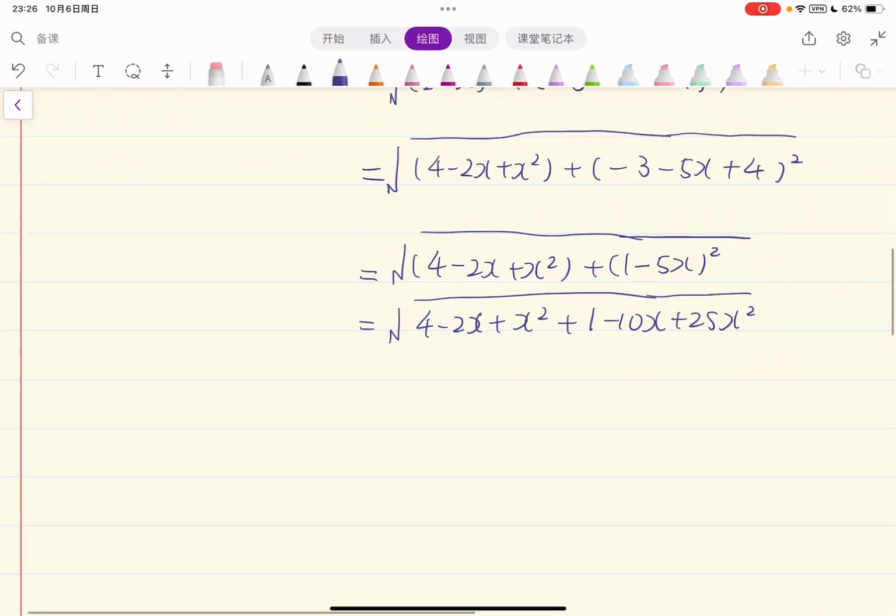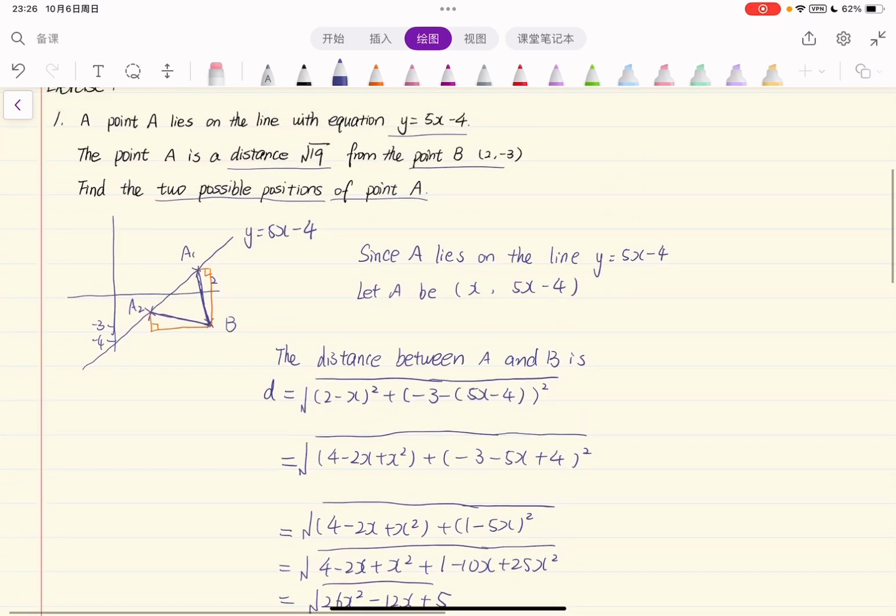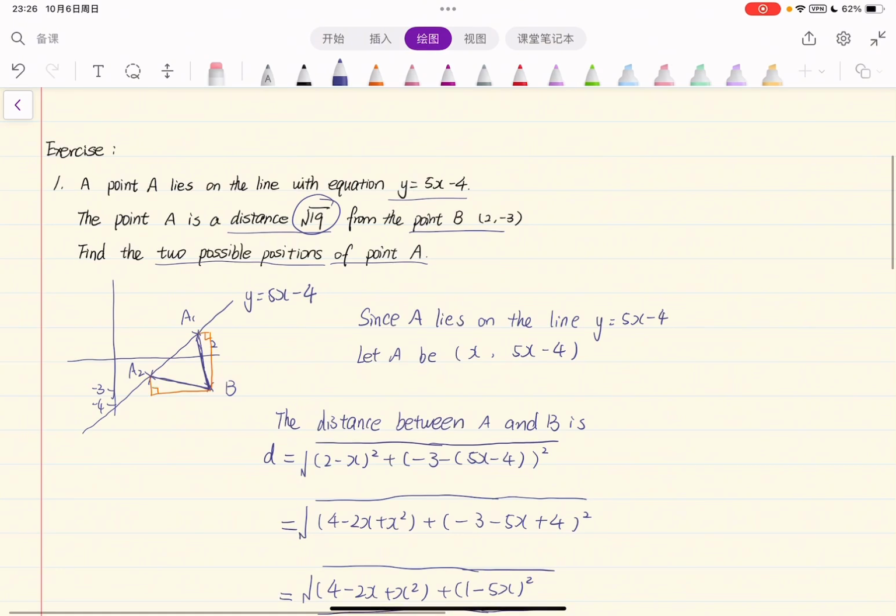So we left square root of 26x squared minus 12x plus 5. And we know the distance is square root of 19.